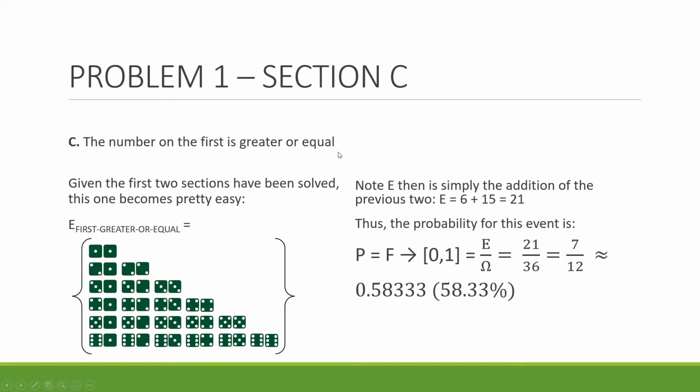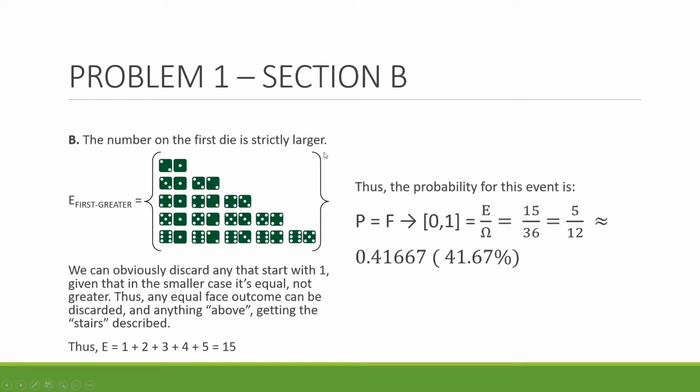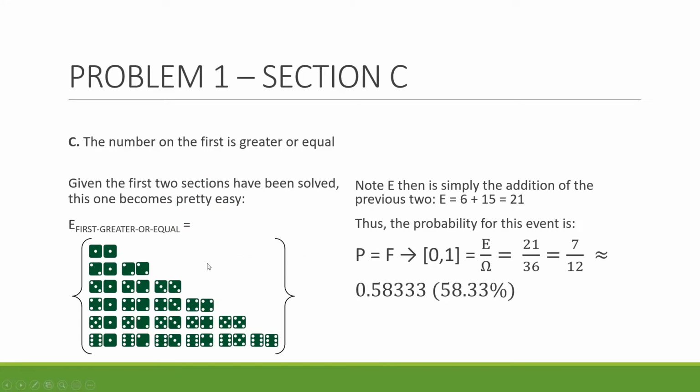But since section A asks us for when we get the same number, and section B asks us for when we get a number that is larger than the second one, the event collection is a simple matter of stacking the first section's collection onto the second section's collection.